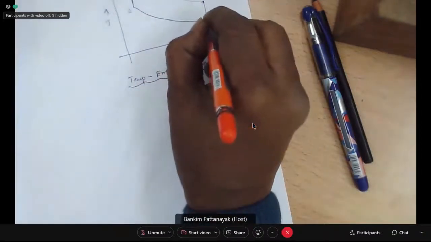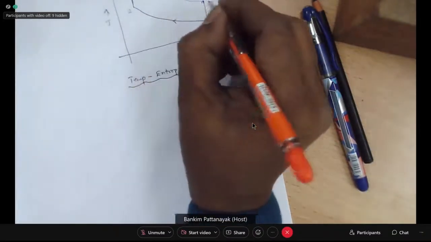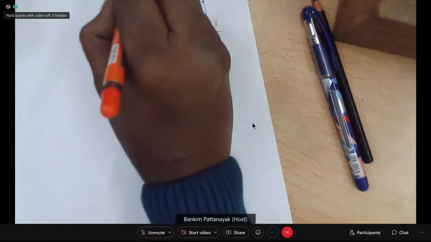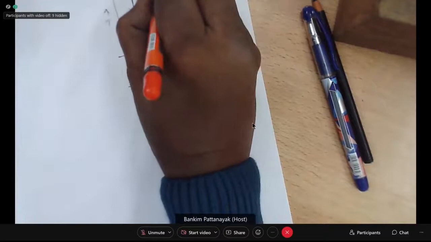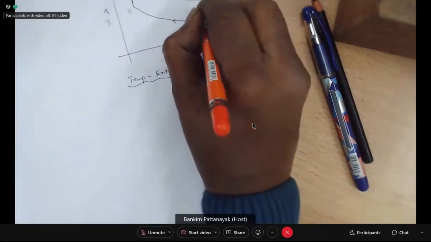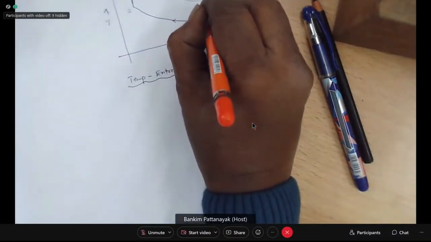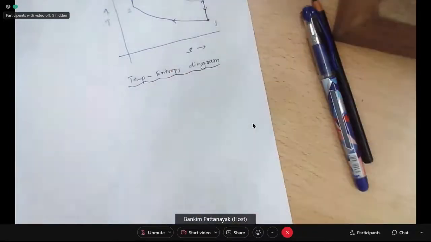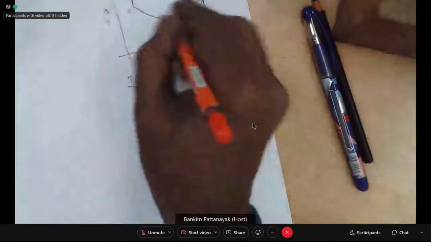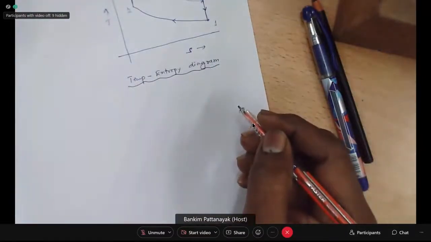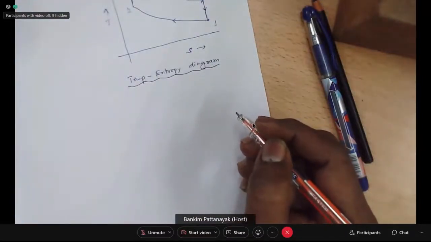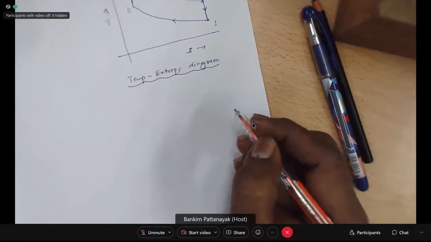Now the process starts from here. This is the compression process, then the heat addition process, then the expansion process, and then the heat rejection process. These are the 4 processes, let us say. Now this is a cycle, 1, 2, 3, 4. This is a typical thermodynamic cycle.